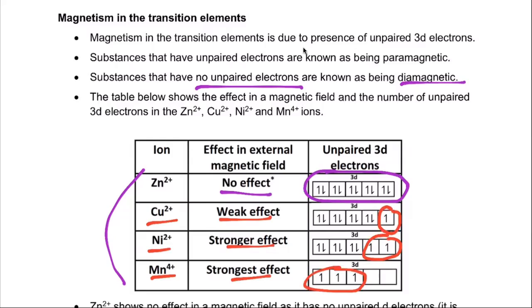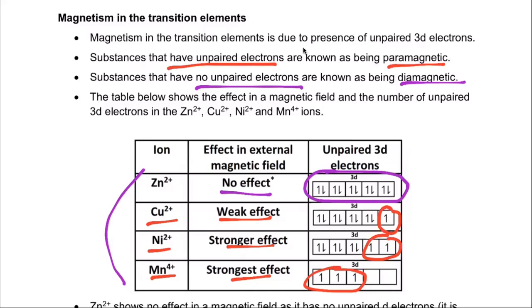And manganese has 3, so that's the strongest effect. This table is summarizing what he showed in the video with the magnet affecting copper, nickel, and manganese. You could see that it affected them more as you went from copper to manganese, and zinc not being affected at all. Because the other 3 have unpaired electrons, they're known as paramagnetic.